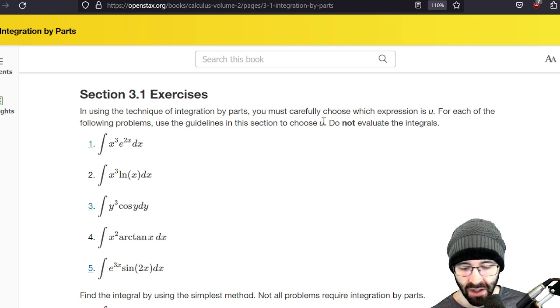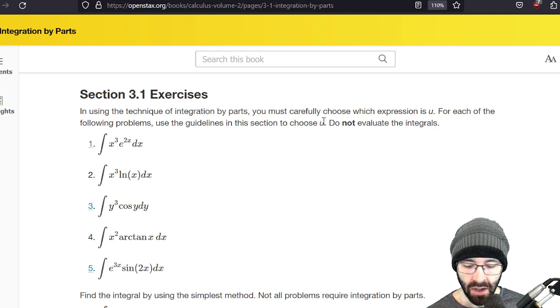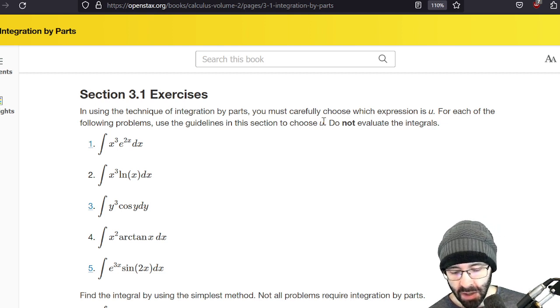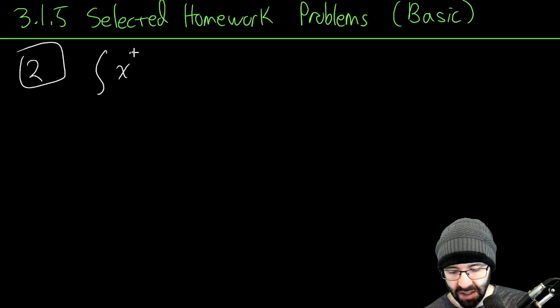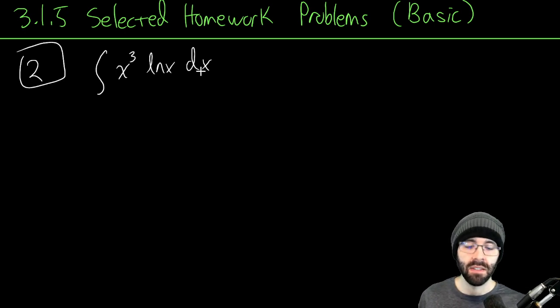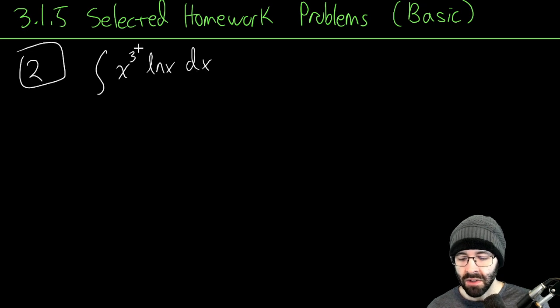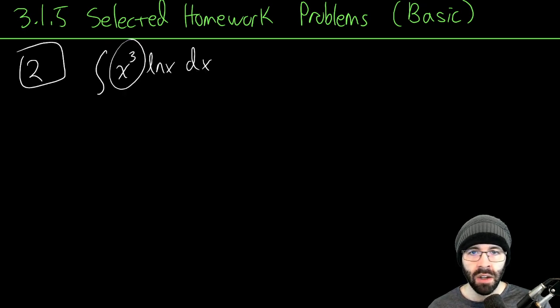But if you struggle with finding which is u and which is dv, then look at that book's little mnemonic, all capital letters. But we're curious about the integral of x cubed ln of x. We want one of these to differentiate and one of these to integrate. That's how we're choosing our u and dv. We could differentiate or integrate this, they're both fine, but differentiating it is easier.